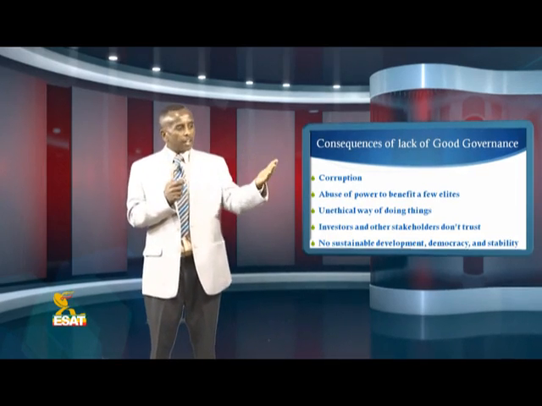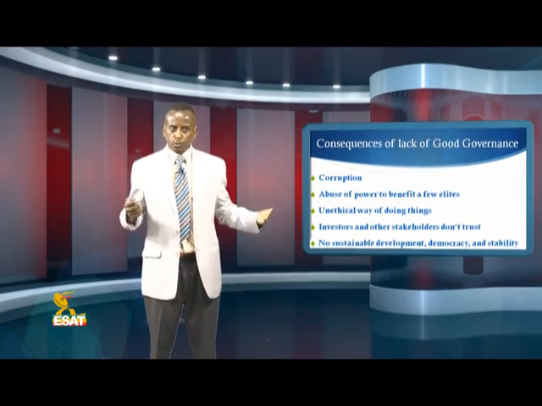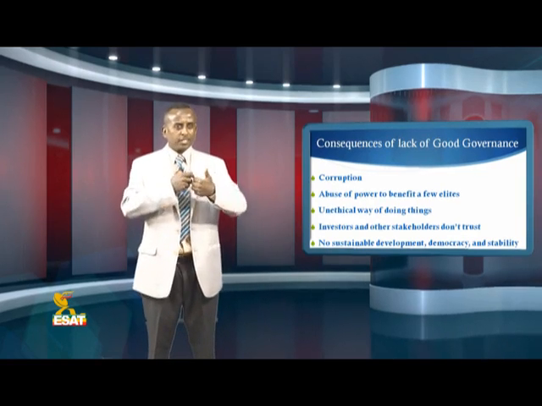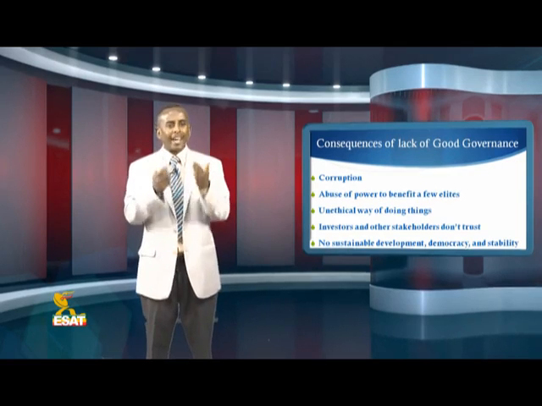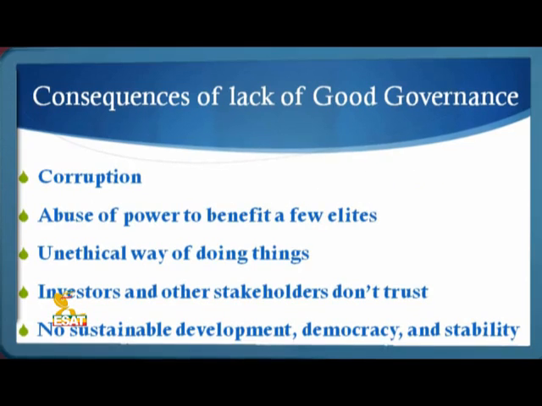There is no ethical way of doing things in Ethiopia because there is no rule of law, there is no accountability, there is no good governance, there is no system that makes people accountable. Investors and other stakeholders do not trust the system in Ethiopia. If you have, for example, hard currency, do you want to go to Ethiopia and invest it? You don't. You don't trust the system, so you don't invest.